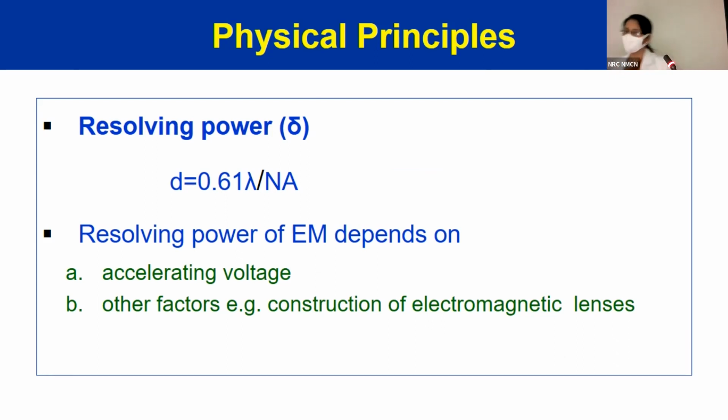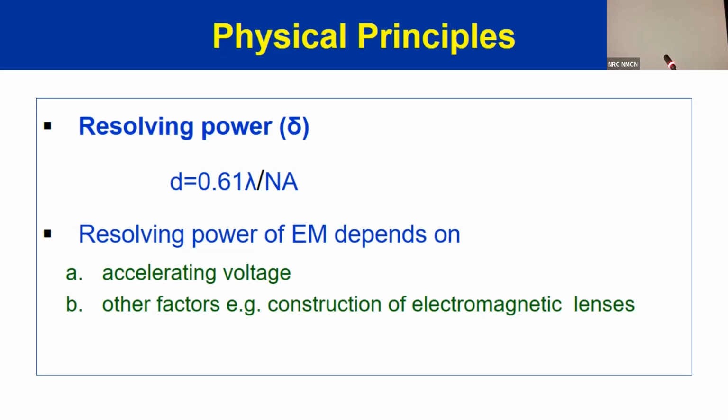So the beauty about the electrons is that the resolving power in an electron microscope also depends upon the accelerating voltage. So what I'm trying to say is that according to the accelerating voltage with which the electrons pass, you can increase the resolving power because the wavelength keeps on decreasing.